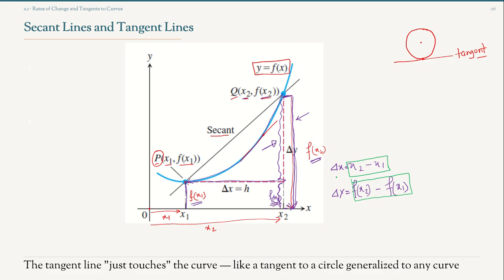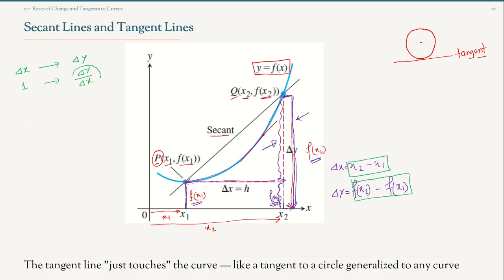So for rate of change, that means unitary change. That means for delta x changes, we have delta y change, right? For one unit change, we have delta y by delta x, right?